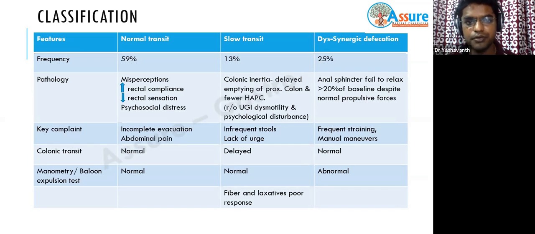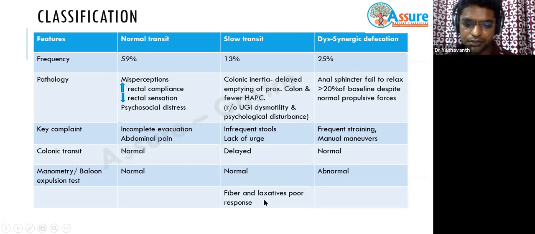And it is also important, if there is a recent change in the bowel habits, to ask how much time they spend in the toilet compared to before. And in this dyssynergia, they have normal colonic transit, and the balloon expulsion and manometry will be abnormal.